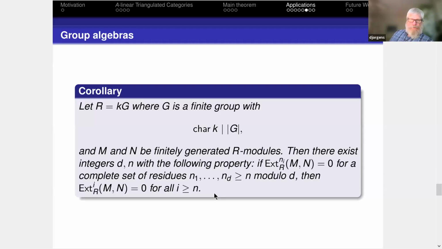So it's a modular group algebra. And M and N are finitely generated R modules. Then same conclusion as the previous corollary, there exist integers d and n with the following property. If the nth Exts are 0 for a complete set of residues n1 through nd greater than or equal to n modulo d, then all the higher Exts are 0.